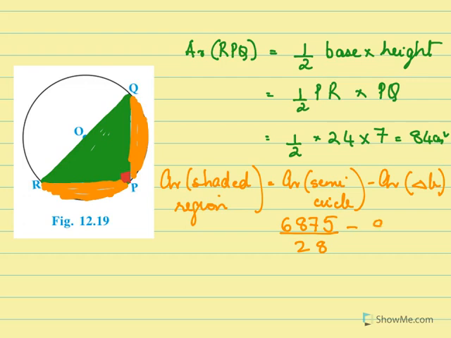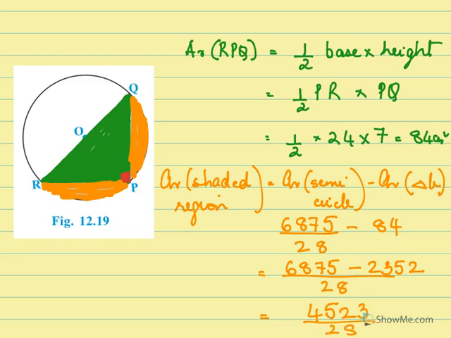Area of semicircle minus triangle is 84. If we take the LCM is 28, it becomes 6875 minus 2352, and this works out as 4523 over 28 centimeter square. That will be the area of the shaded region. That is this area, the area of the yellow part. So we did that area of the semicircle minus area of triangle.